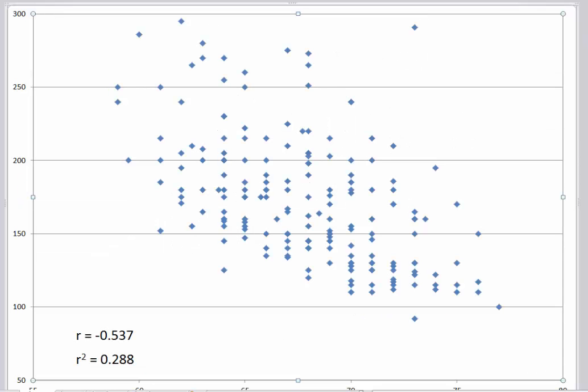Let's look at another set of data. This data goes the other way, and it has an R value of negative 0.537. It goes from upper left to bottom right. So there seems to be some correlation: as x gets bigger, y gets smaller, and as x gets smaller, y gets bigger. Again, we've got about 180, 190 pairs of data.